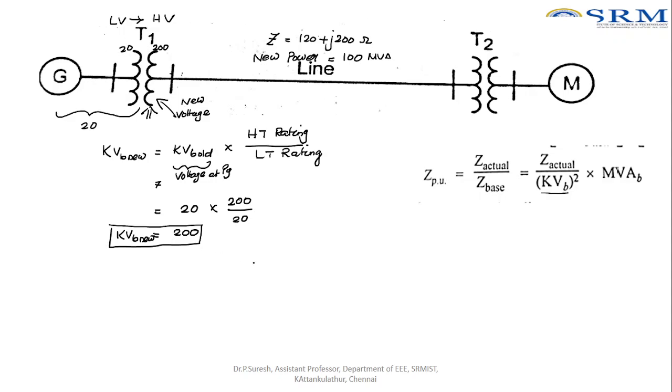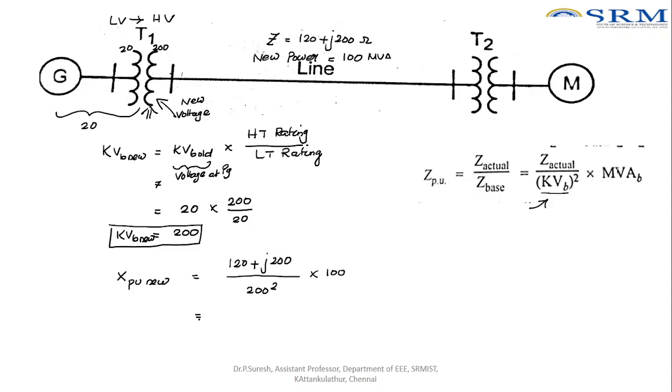Now we have to use this value here. In order to find the Z per unit value for the transmission line, I am taking X per unit new for the transmission line, which is equal to X actual, given as 120 plus j200, divided by kVb new squared, that is 200 squared, multiplied by MVAb new, which is 100.